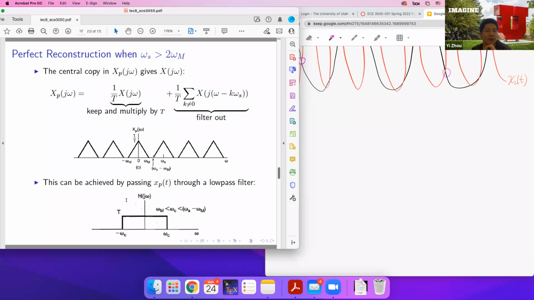So the cutoff frequency must be lower than that, so that this rectangle will not overlap with the second or the third copy. If you design a low-pass filter with such a cutoff frequency and apply it to this spectrum, then you can perfectly filter out the centered copy, the first copy. And this is exactly the spectrum of the original signal, except for a magnitude scaling.